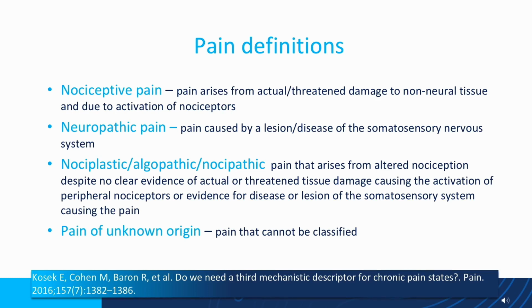Pretty straightforward. Pain of unknown origin is exactly that, pain that cannot be classified. But then if you look, there's a relatively new definition called nociplastic pain. And essentially what that is, it's a combination of nociceptive and neuropathic, if you want to look at it that way. It's effectively pain that arises from altered nociception without actual or threatened tissue damage.